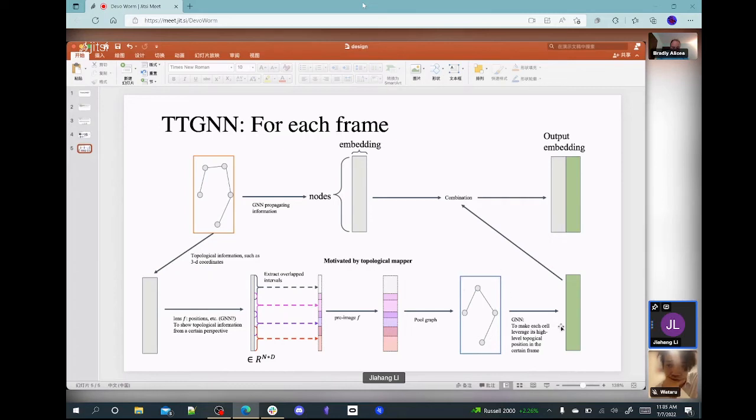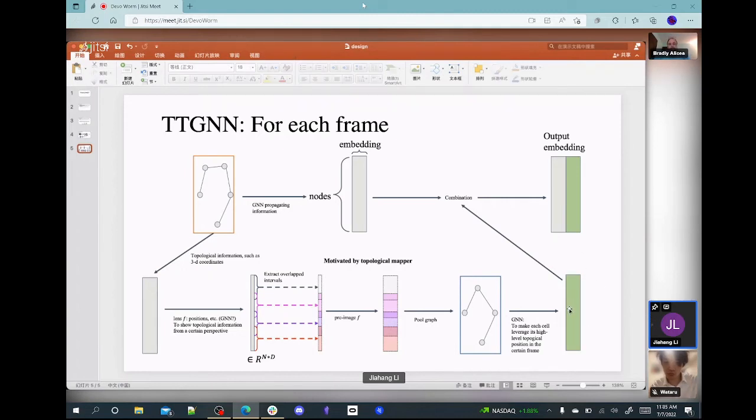Then, after this very small graph neural network, because this graph is small and probably its feature dimension is also small, this graph neural network will be small, and we will have another embedding.